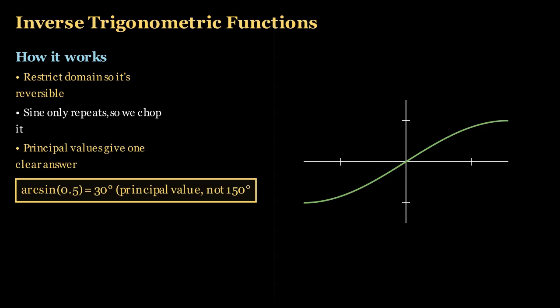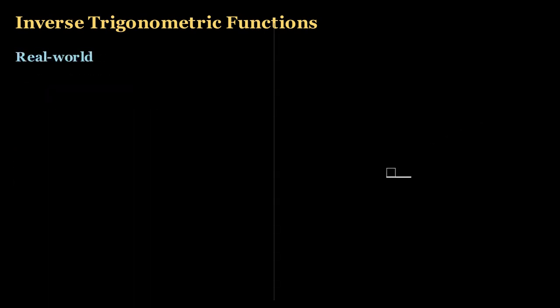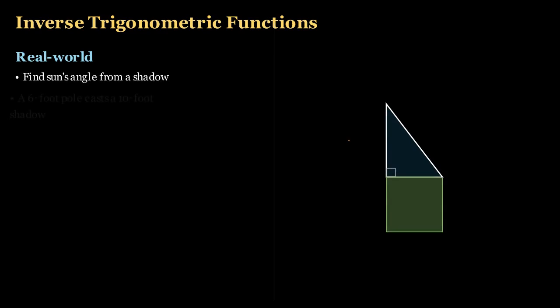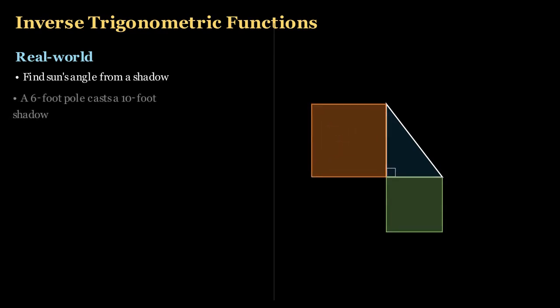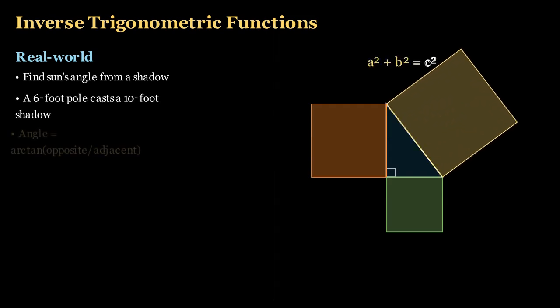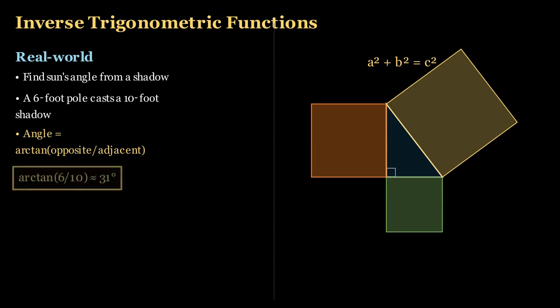To get the angle itself, we use the inverse tangent, arctan of 0.6. A calculator gives about 31 degrees. So the sun is roughly 31 degrees above the horizon. This same method works for any right triangle where you know two sides. Just identify the ratio, and apply the matching inverse trig function to find your angle.